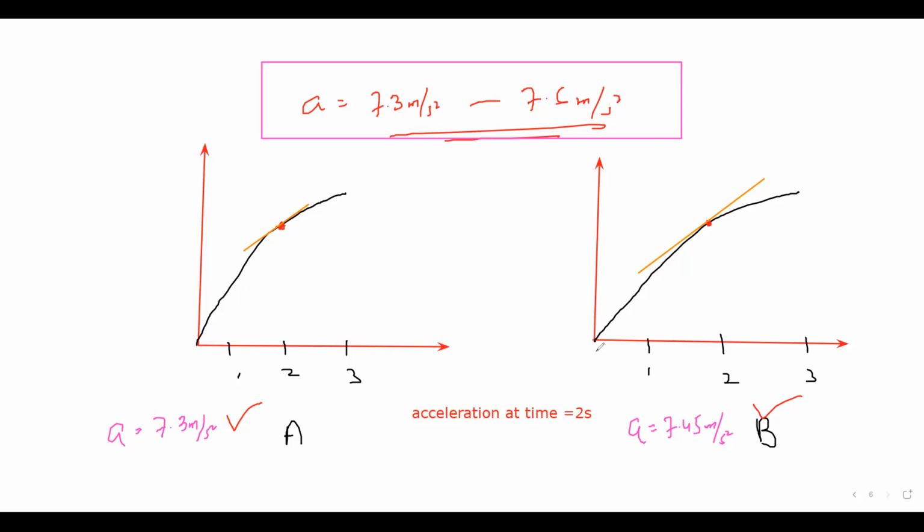The answer will be correct even if you draw a shorter tangent, but you get a more accurate answer when you draw a longer one. For these types of questions, you will always find a range of answers provided.